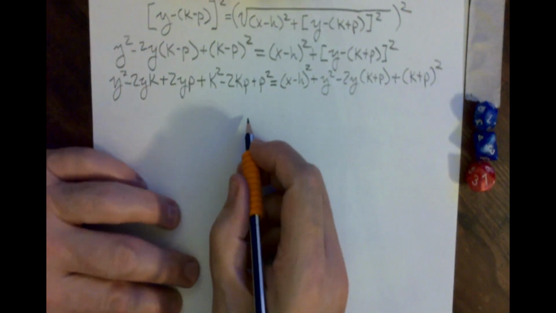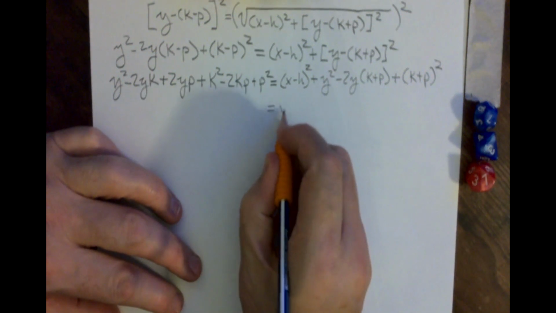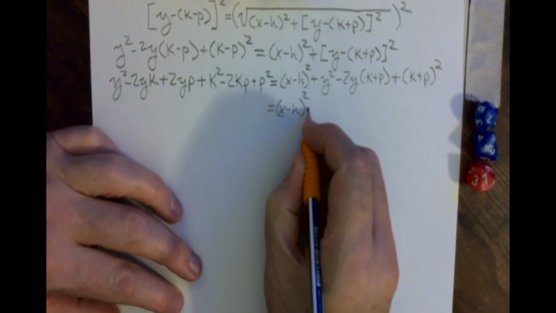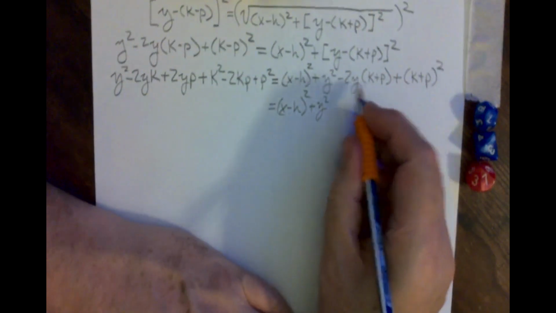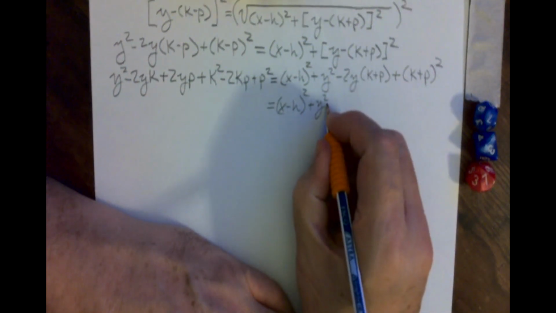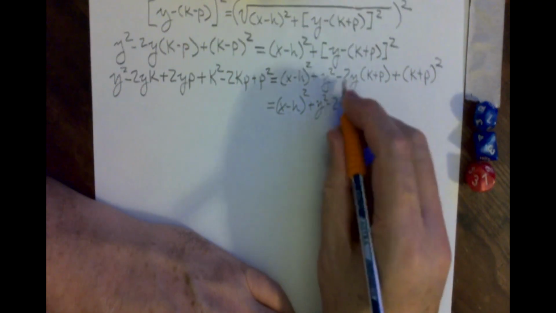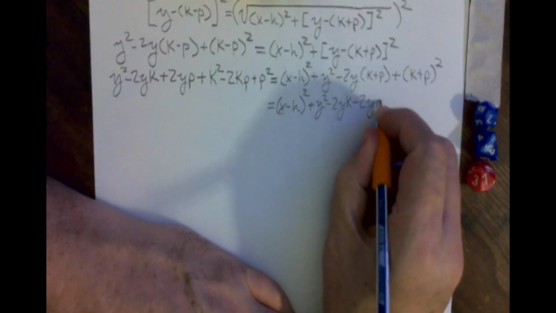Okay? Now over here, I want to write this (x minus h) quantity squared plus y squared. I'm going to distribute this. So this is going to be negative 2yk plus or minus 2yp.